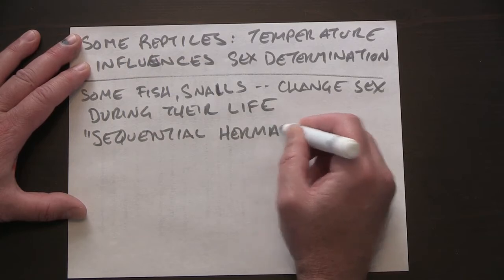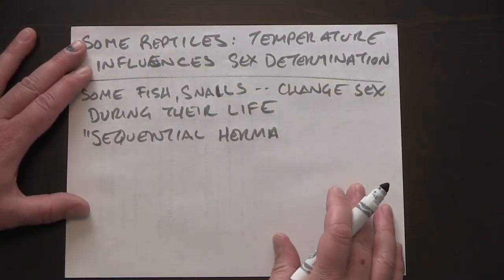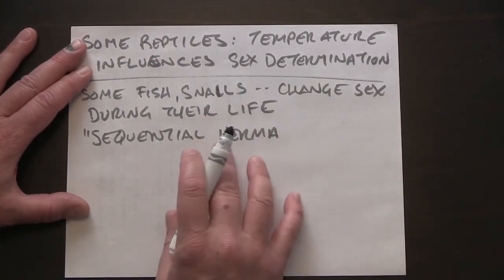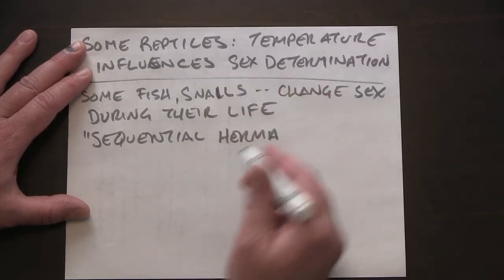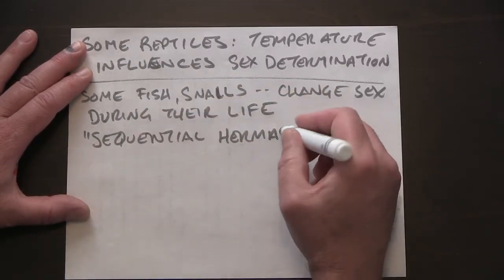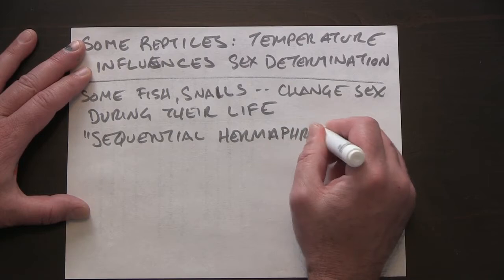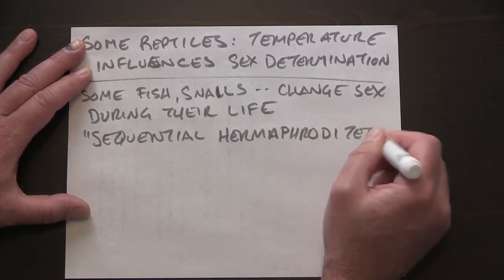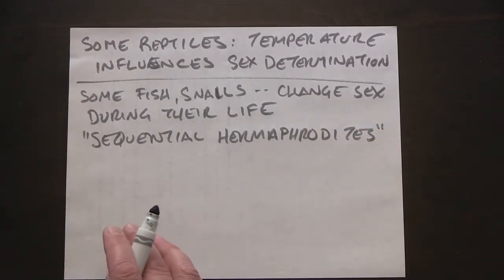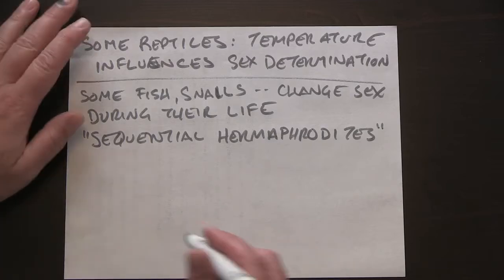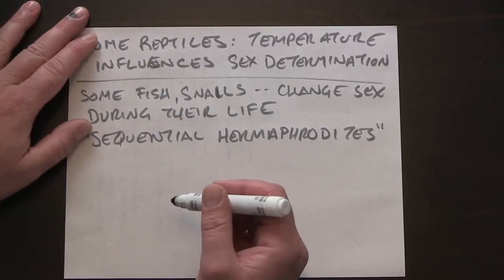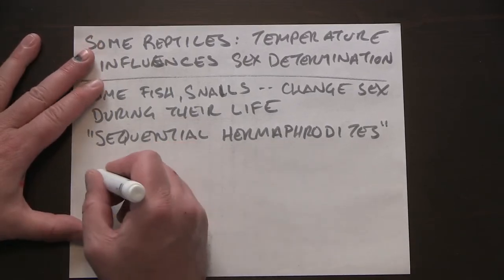So they're hermaphroditic, meaning they have the sex organs of both sexes, but not at the same time, at different times. So it's in a sequence. So for example, Nemo is born male.